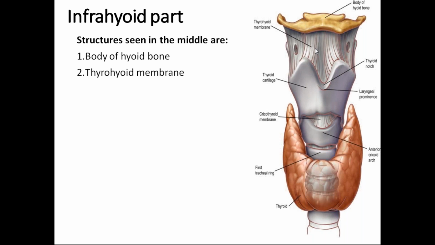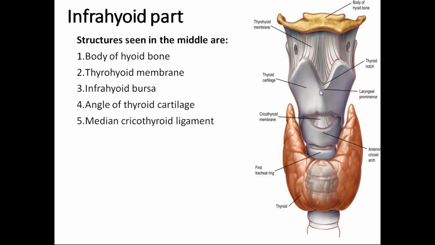The thyrohyoid membrane connects the hyoid bone to the thyroid cartilage. Next will be the infrahyoid bursa, which is a bursa just below the hyoid bone. The fourth one will be the angle of the thyroid cartilage. This is called the angle of thyroid cartilage. Okay, and the fifth structure will be the median cricothyroid ligament.